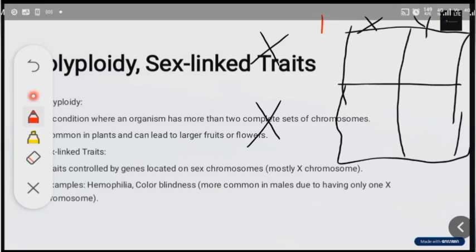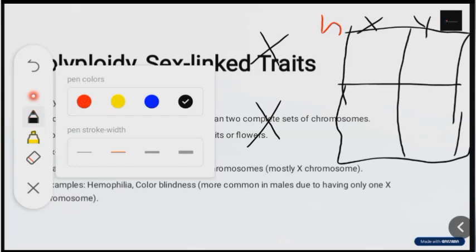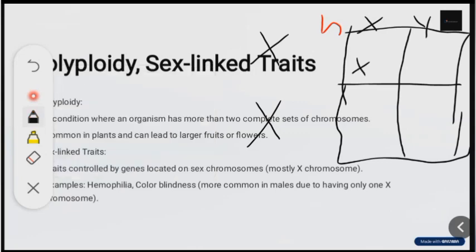Only the man is a carrier, which means the man is expressing hemophilia. So we now have X here, X Y.